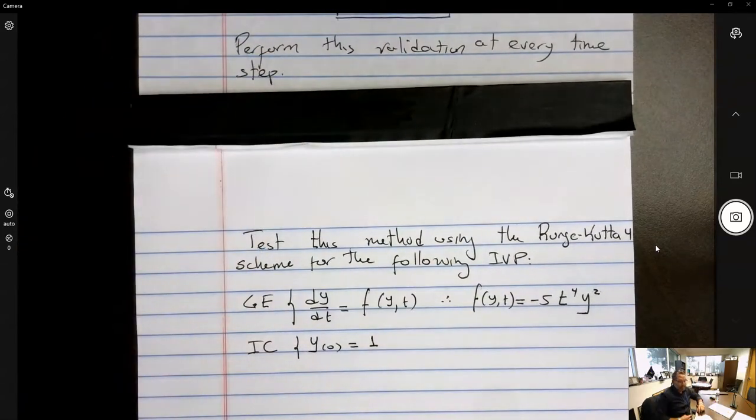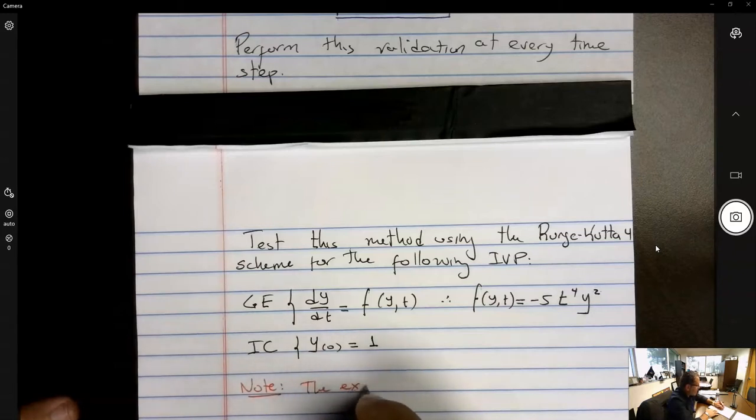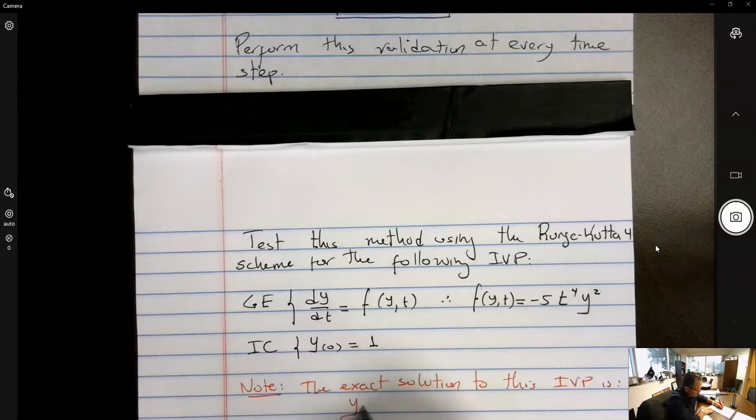By the way, and I'm going to write it here as a note, the exact solution to this initial value problem is, I solved it already, y of t is equal to 1 divided by t to the 5 plus 1.